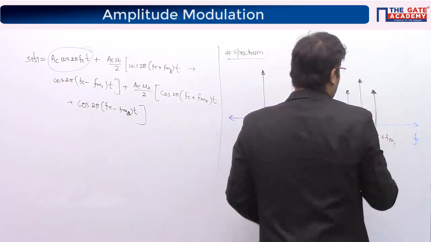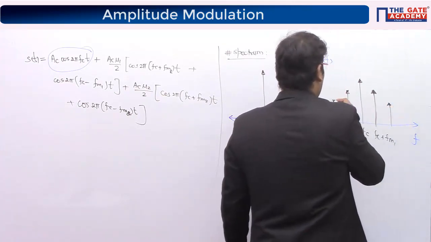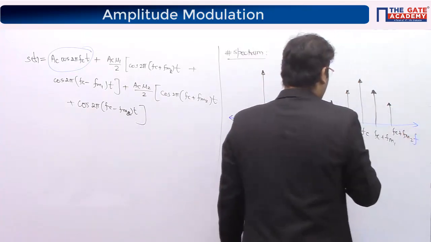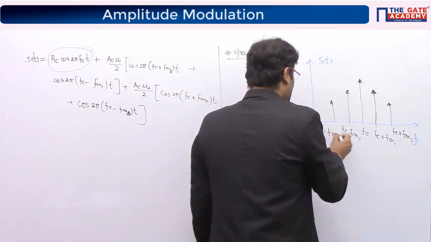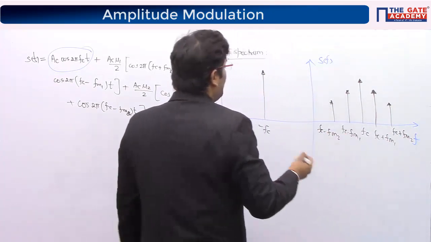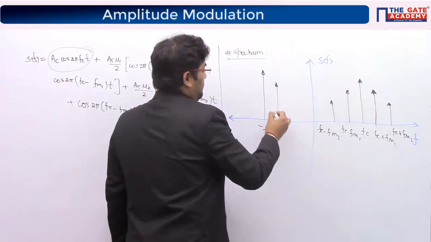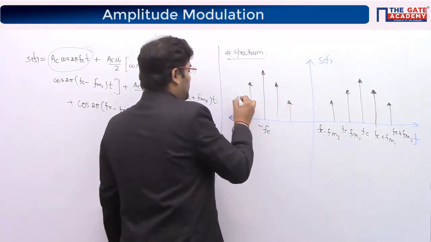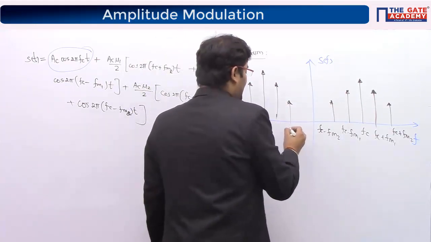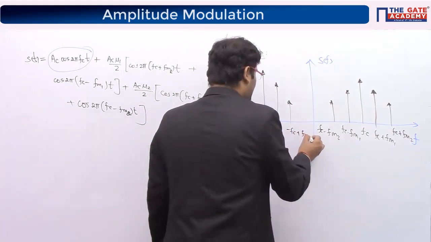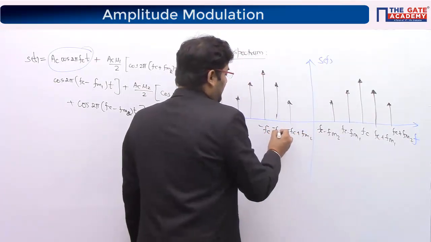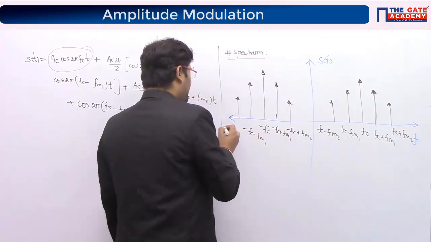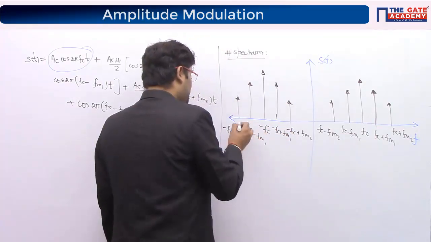Similarly, we will get another 2 at Fc plus Fm2 and Fc minus Fm2, and the mirror image. Bingo. It's not difficult. And you can always write these frequencies as well: minus Fc plus Fm2, minus Fc plus Fm1, minus Fc minus Fm1, minus Fc minus Fm2.